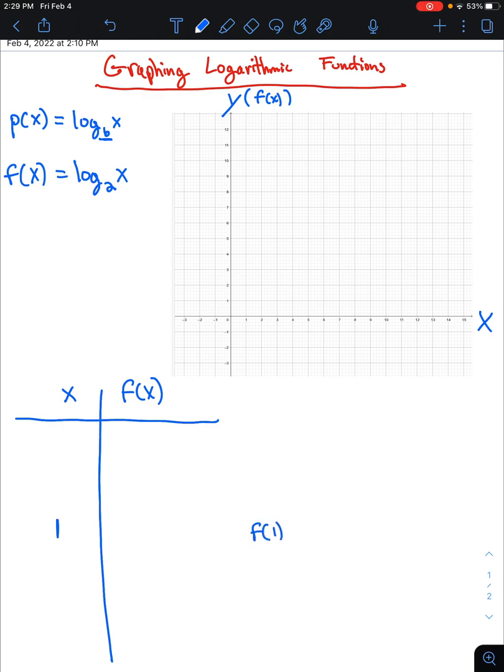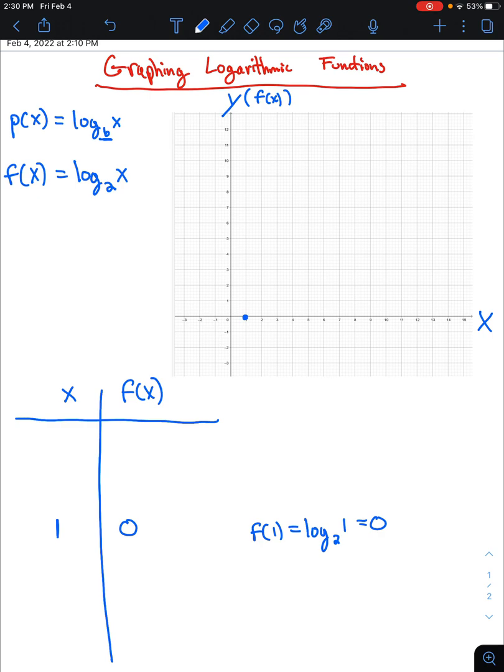So this means that I would be taking f of 1 and looking for my output. So log base 2 of 1, I'm trying to see what that equals. And this is a way of saying 2 to what power is equal to 1? The answer is 0. 2 to the 0 is equal to 1. So we are going to say f of 1 is 0. An input of 1 gives us an output of 0.